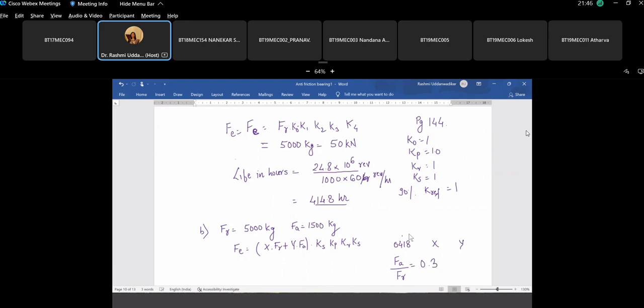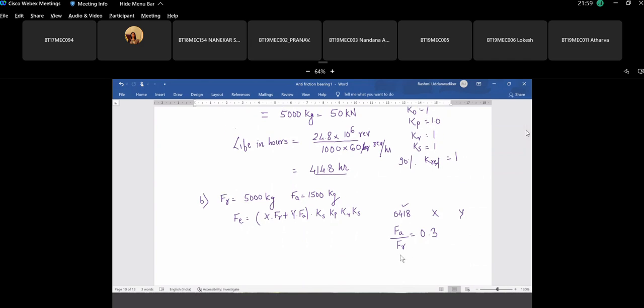And for bearing 0418, or for deep groove ball bearing in general, what is the value of e given? e is 0.25 for deep groove ball bearing, which means our Fa by Fr is greater than e. And for this condition, what are X and Y given?